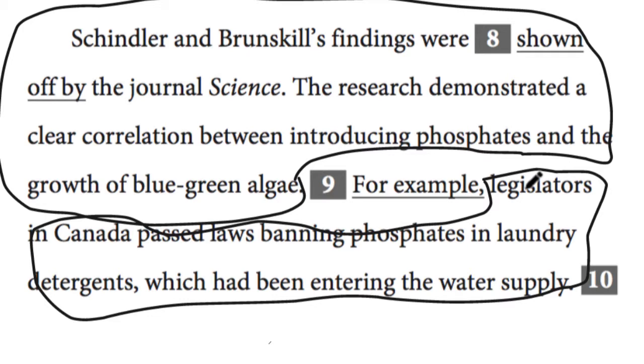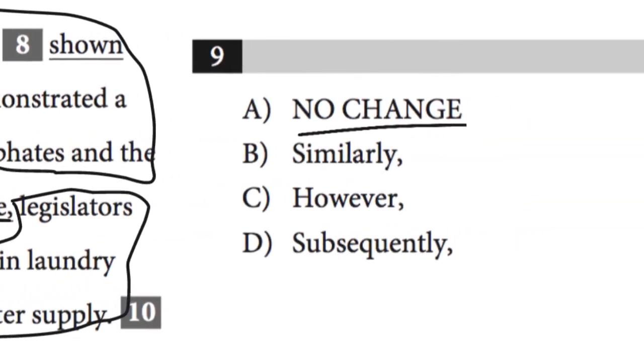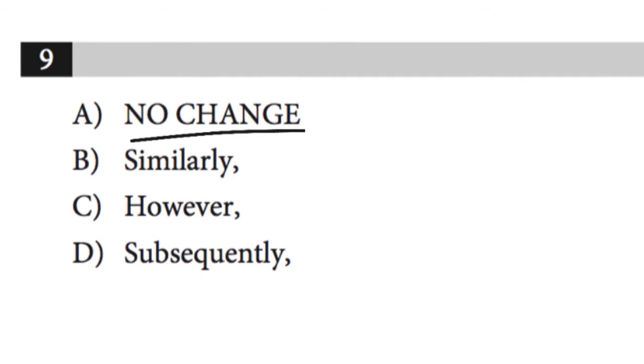Now, the final step. Let's go to the options and see which one means something like after. The first option is no change, which also means sticking with, for example. It doesn't make any sense that the legislators banning phosphates is an example of what the research demonstrated. The ban is not an example of the research.